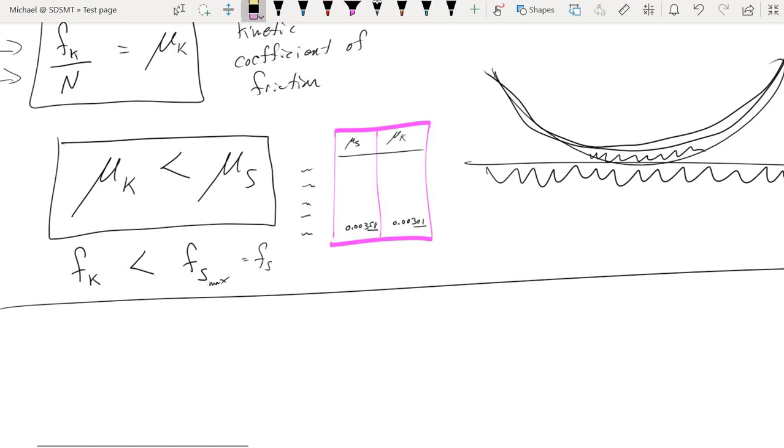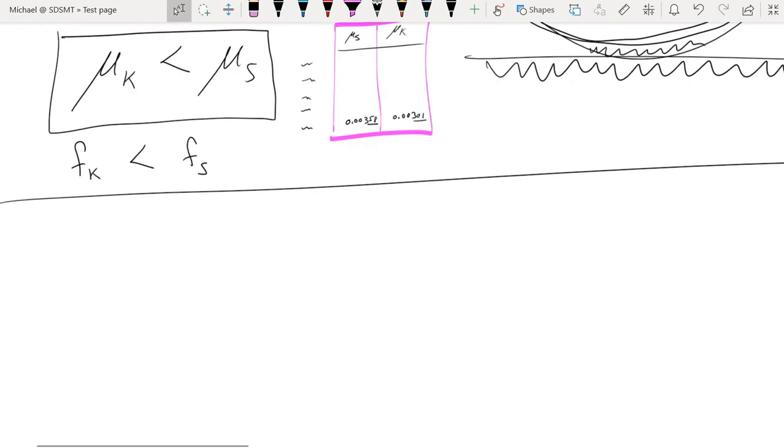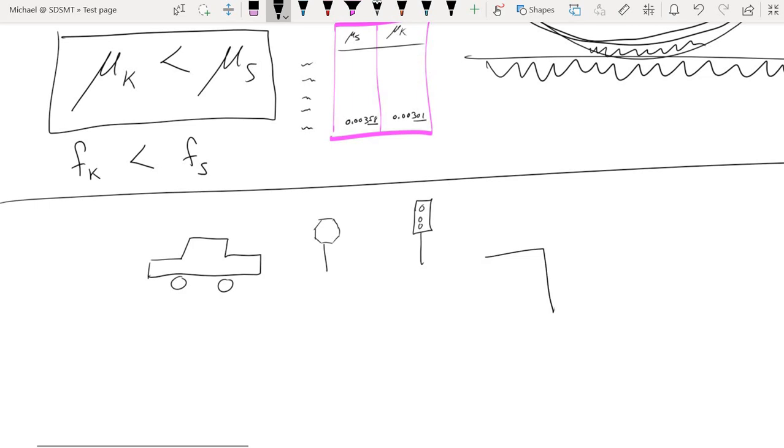This explains why you get better gas mileage on the interstate versus in town. Because when you're driving in town, what are you constantly doing? Well, you're constantly stopping at stop signs, at traffic lights, stopping so that you can turn to go on another road.